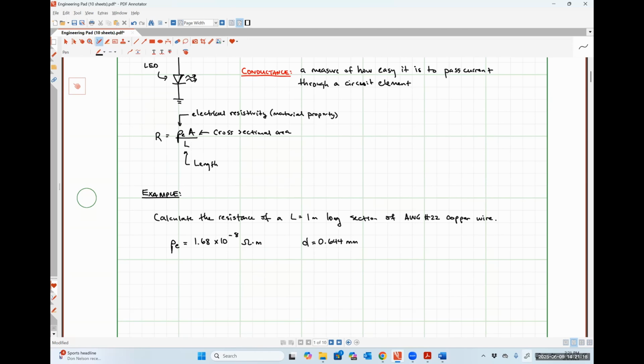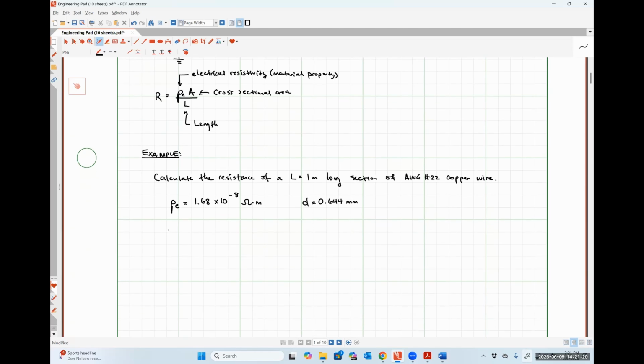So let's do that here really quickly, right? So we're going to have our wire is equal to 1.68 times 10 to the minus 8 ohm meters. Oh my goodness, I'm sorry. I actually have this backwards. This should be rho L over A. Let me swap those guys around.